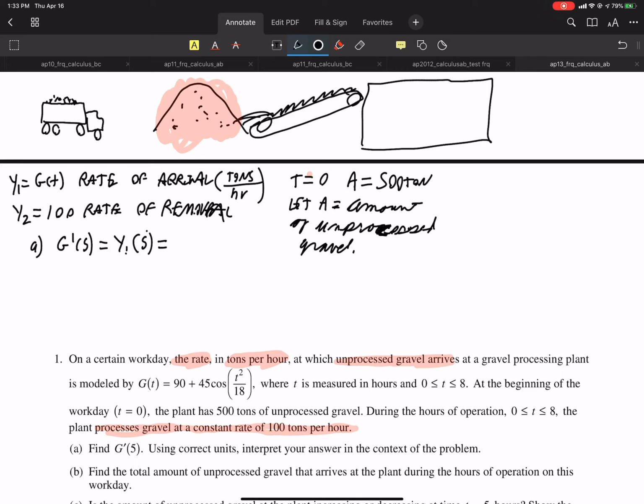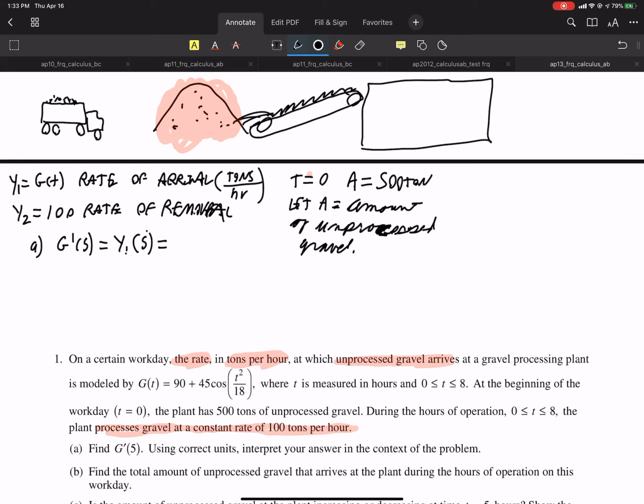And I'm going to use alpha trace, parenthesis 5, end parenthesis, and I get 98.14, which is not correct. So let me make sure I put my function in correctly. 90 plus 45 cosine x squared over 18.